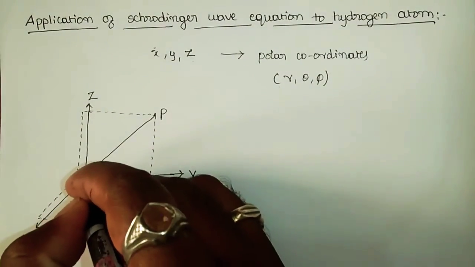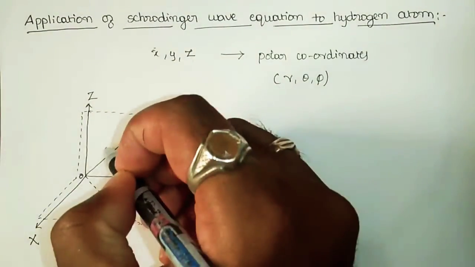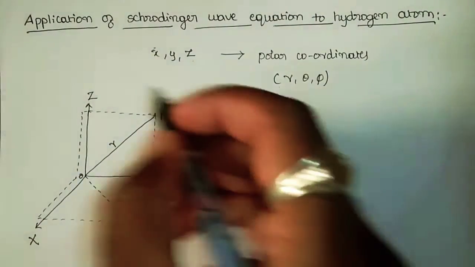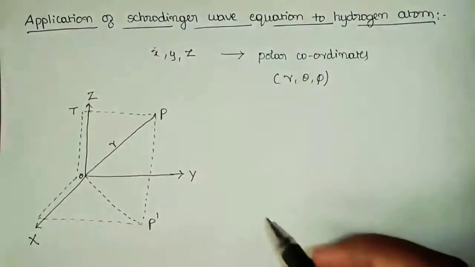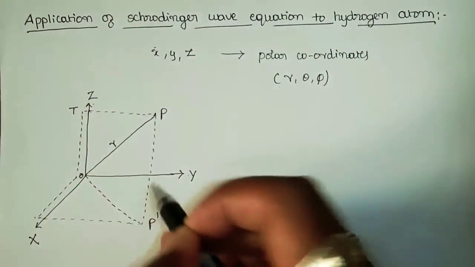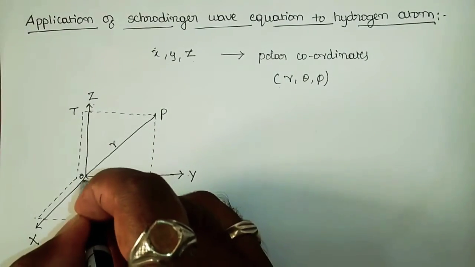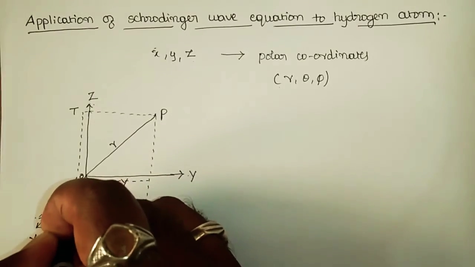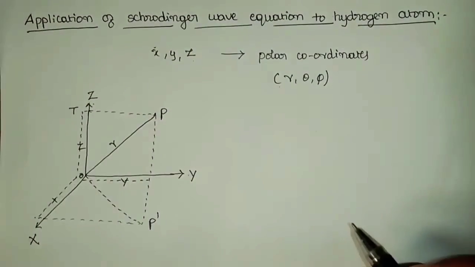And here this is the origin, and the distance between O and P is R. Okay, and let us take this point as P, and this will be the X, this is the Z, and this is Y point. Okay, so we can take this is y, this is x, and this is along z axis.